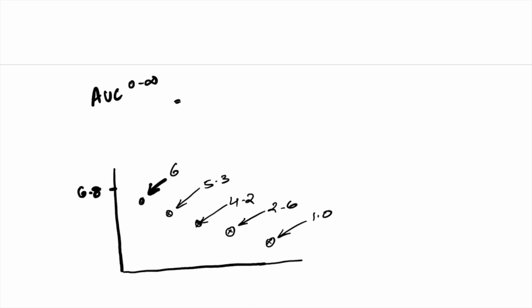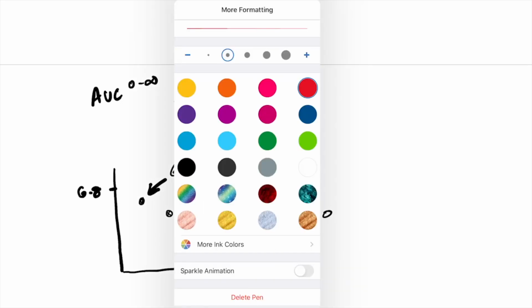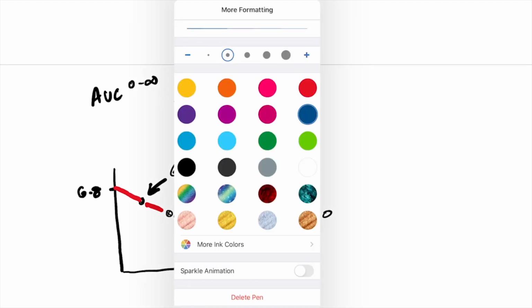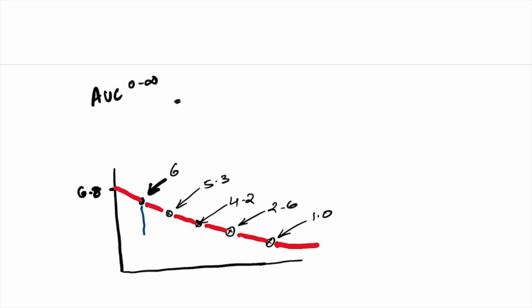Not drawn to scale, but just to show this continues to exponentially decrease like that. So the AUC is basically that trapezoid plus that trapezoid plus that trapezoid plus that trapezoid plus that trapezoid, and then the terminal area that keeps going like that.